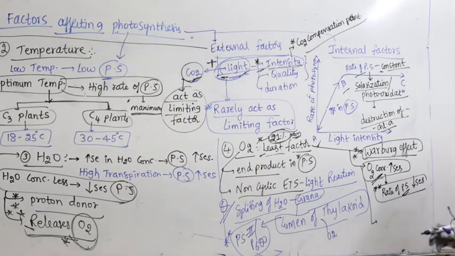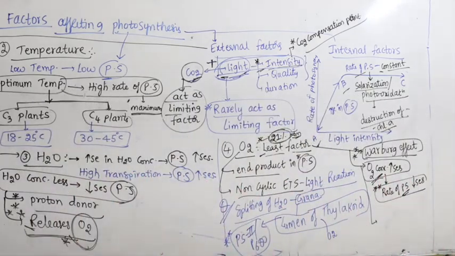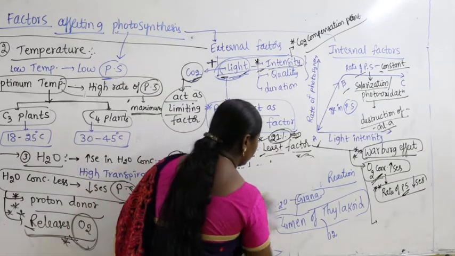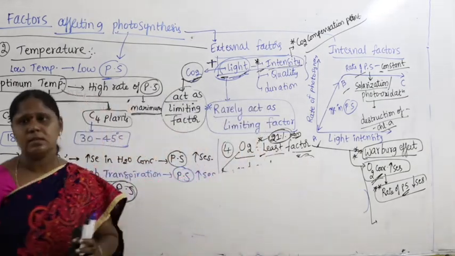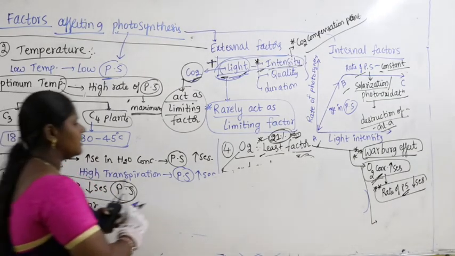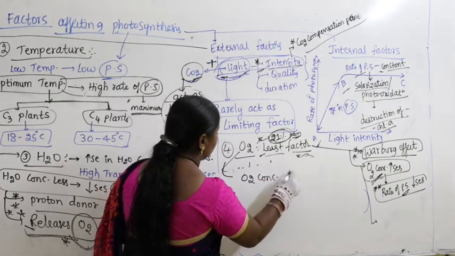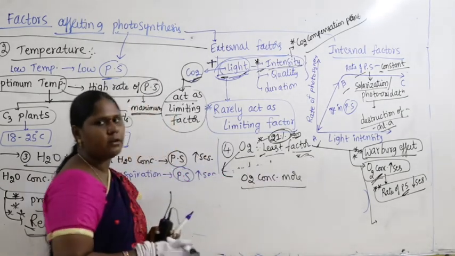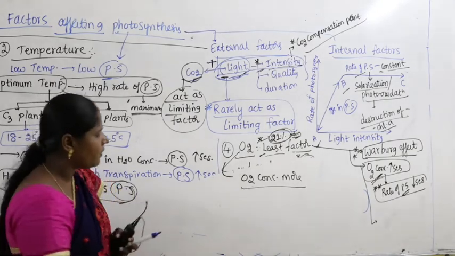Why does it decline the rate of photosynthesis? Guys, can you tell me why an increase in oxygen declines photosynthesis? What is the reason? Generally oxygen is a least factor. But if the oxygen concentration drastically increases, then what happens?